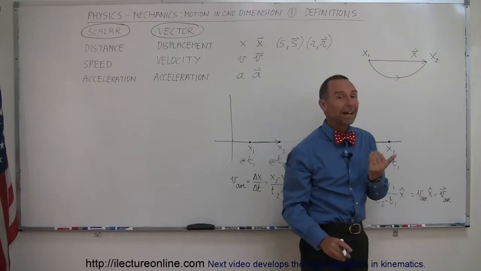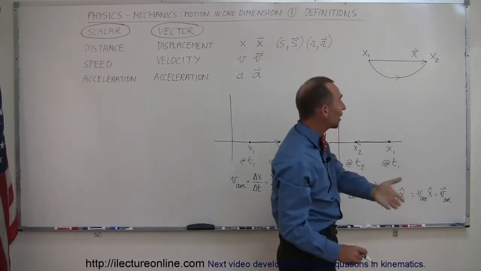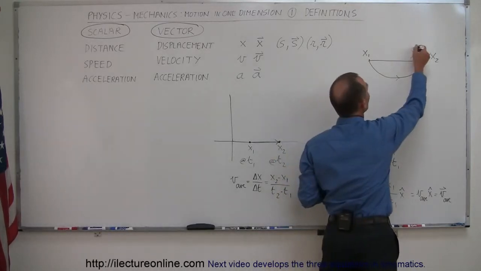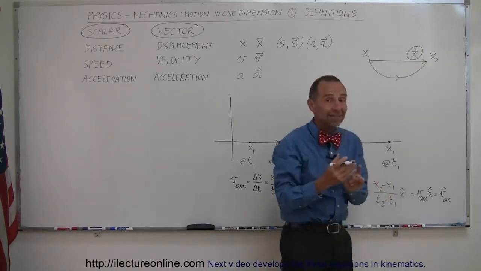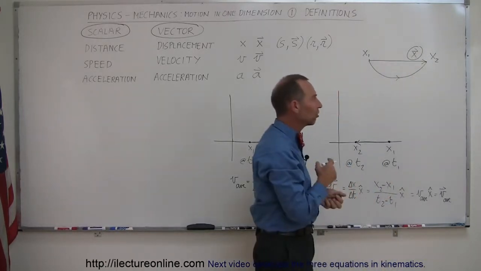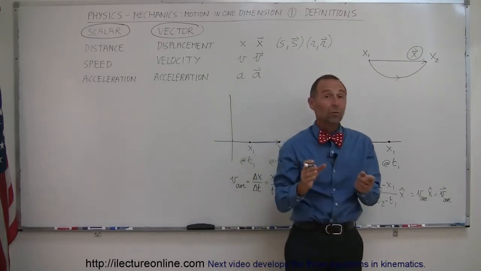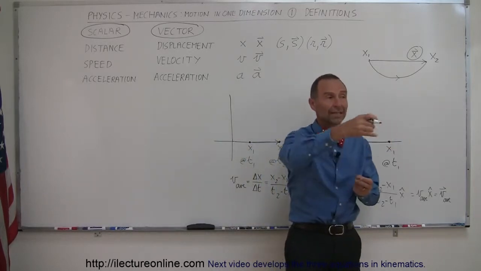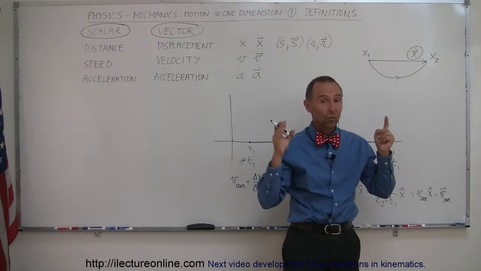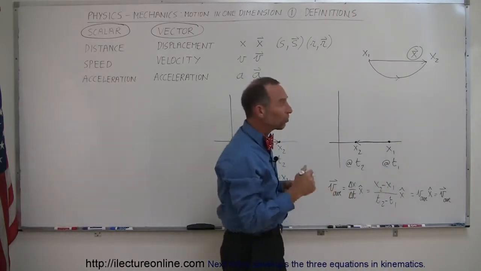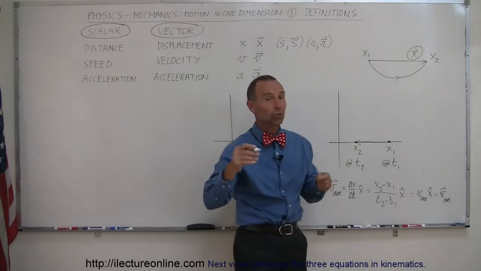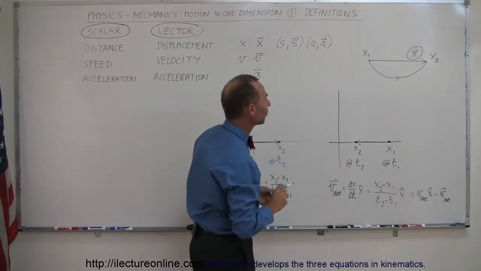So it's x2 minus x1 in the positive x direction, indicated by this quantity right here. So the displacement in this case is actually less in magnitude than the actual distance traveled. So with displacement, we only care about the final position, the initial position, and the straight line distance between them. In the distance traveled, we just simply follow the path that the person took, regardless how crazy the path is.